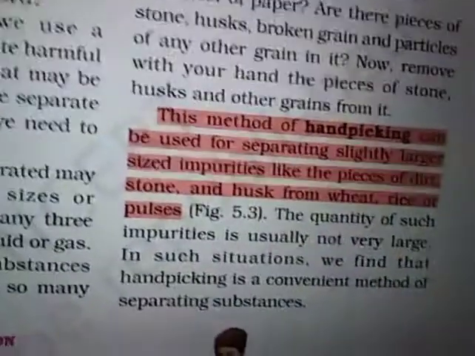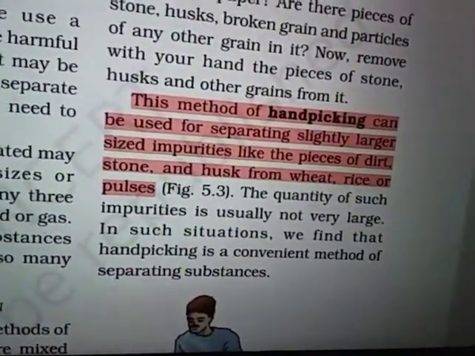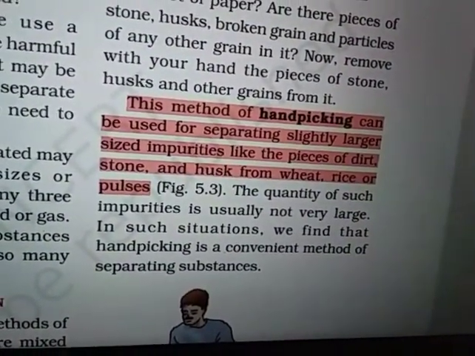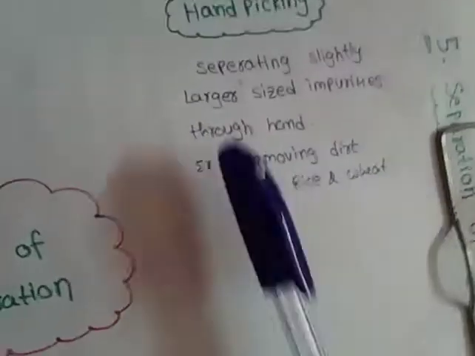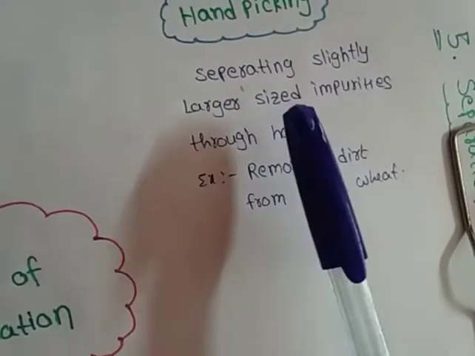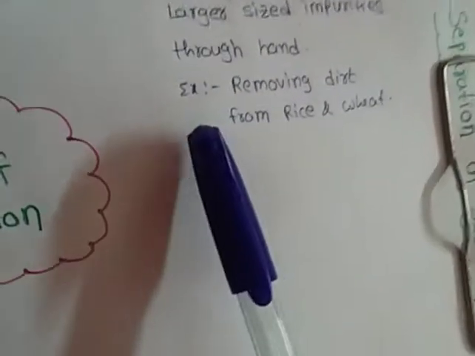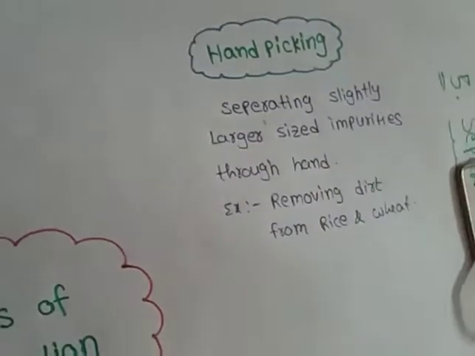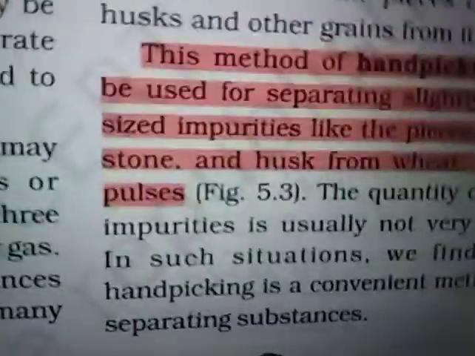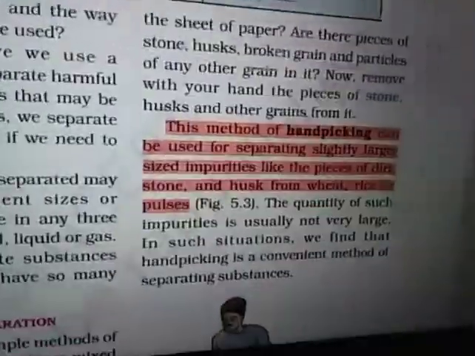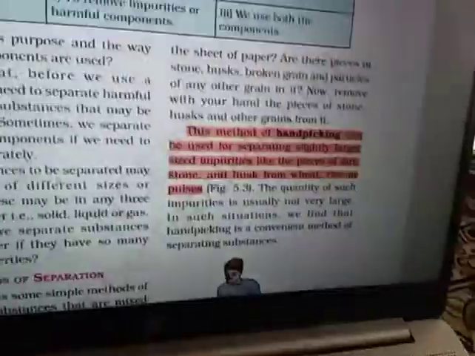This method of handpicking can be used for separating slightly larger sized impurities like pieces of dirt. So I made this sentence as: separating slightly larger sized impurities through hand. Example, removing dirt from rice and wheat. So this gives me the essence of that subheading, right? In this manner we have to write our short notes.